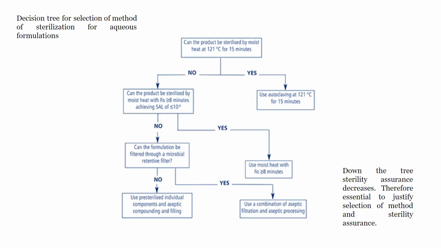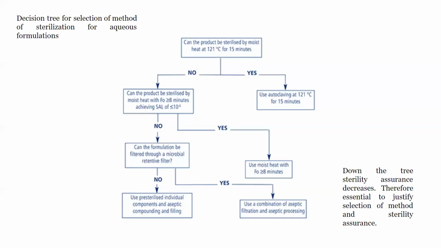If it is yes, then you can go for sterilization at higher temperature, higher than 120 degrees Celsius, maybe 130 degrees Celsius for 8 minutes or greater. So as temperature rises, the time for sterilization decreases. So if it is yes, then use that particular combination of temperature and time for autoclaving.